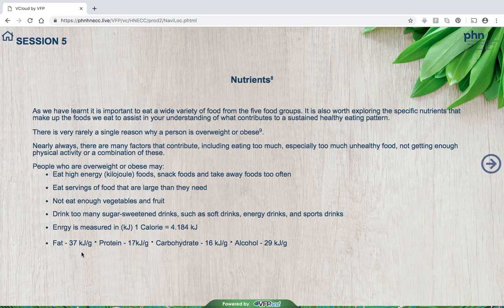Talks about how many kilojoules per gram of fat, protein, carbohydrate and alcohol. You might not want to show that to all your patients, but for your more literate and very interested patients you could have a discussion about that. It starts getting a little bit more complex, so use that at your discretion.